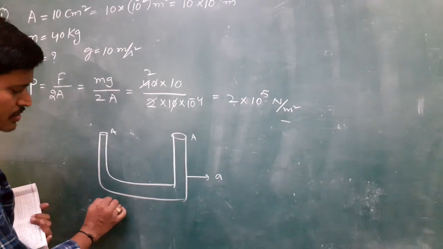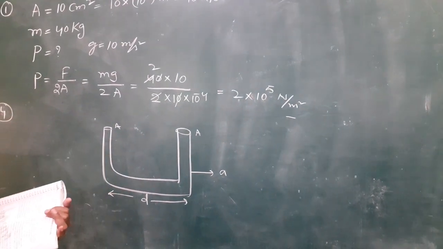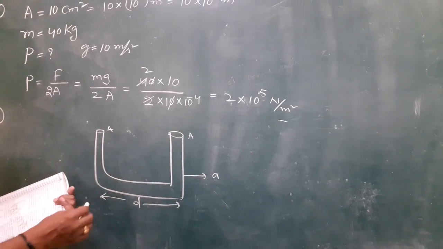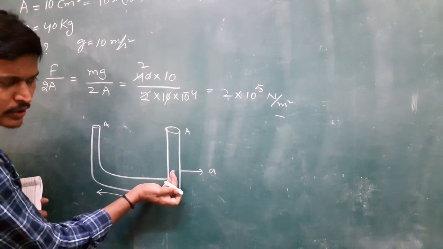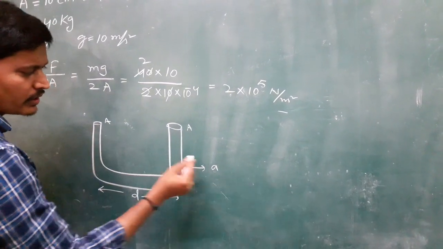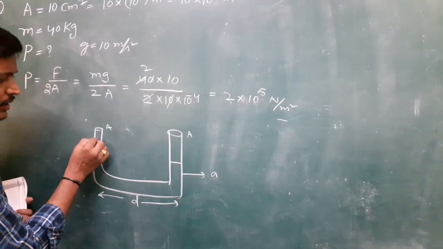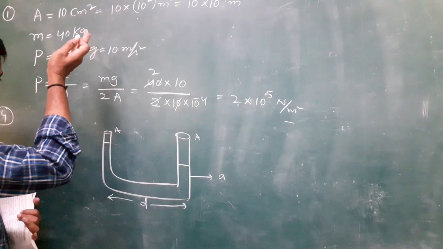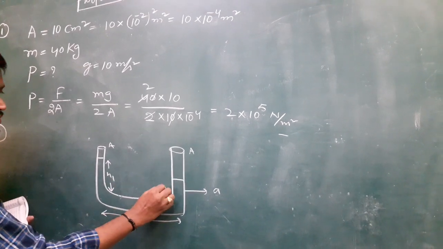These two limbs are separated by a certain distance, that is d. Whenever this U-shaped tube is accelerated in the forward direction, the level of the liquid will fall on one side and the level on the other side will be raised. So this is h1 and h2.